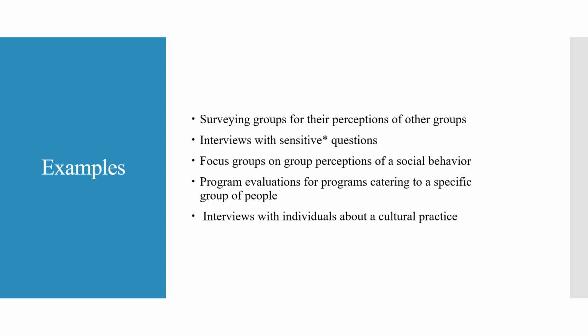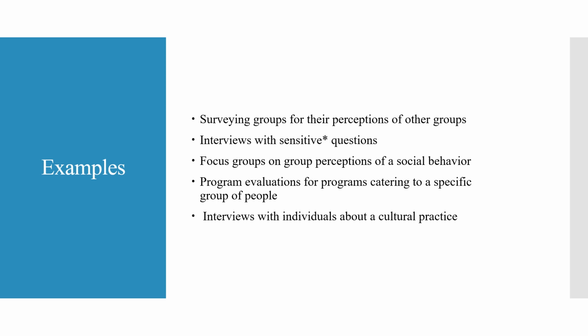Let's look at some examples of research that would fit under expedited category number 7. One example would be surveying groups for their perception of other groups. So let's say you are surveying immigrants about their perceptions of the native people to an area, or vice versa. You could be doing interviews with sensitive questions.